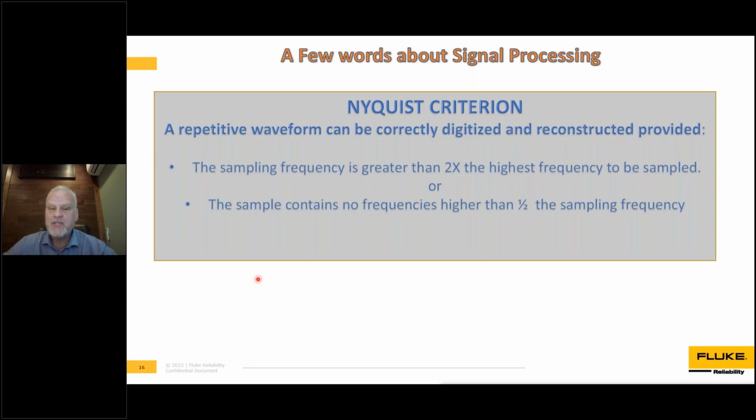That's 2 different ways of saying the same thing, but it's easier to attain by removing any frequencies that are higher than half the sampling frequency, and that's usually the strategy that's used, right?